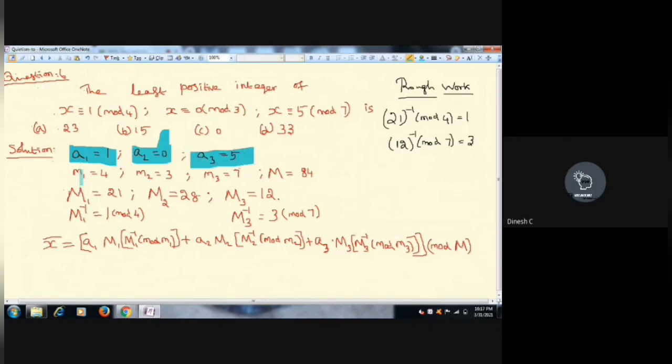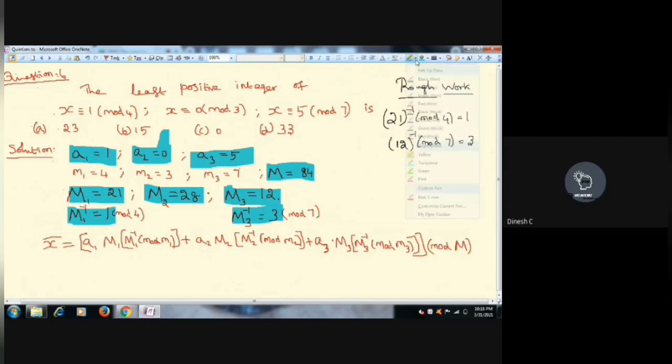M1, M2, M3 values are 4, 3, 7, and capital M equal to 84. Capital M1 equal to 21, and M1 inverse is 1. Capital M2 value is 28. We don't need to calculate M2 inverse because A2 value is 0. So the second term is entirely removed from x bar, and capital M3 equal to 12. So M3 inverse equal to 3.